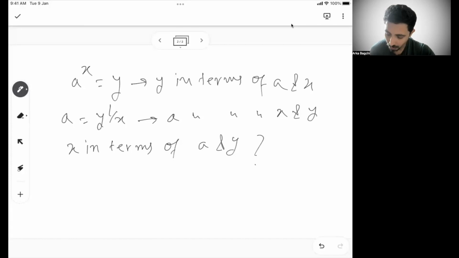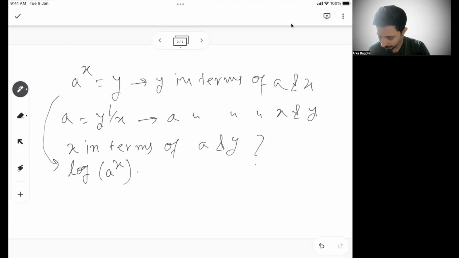So that's where logarithm typically comes in. Logarithm is nothing but, think of it as an operator, like you have plus, minus. So this is the way we can write log. Log of a to the power x, and you can take log on both the sides. So basically log is an operator, and I am using log on both the sides.